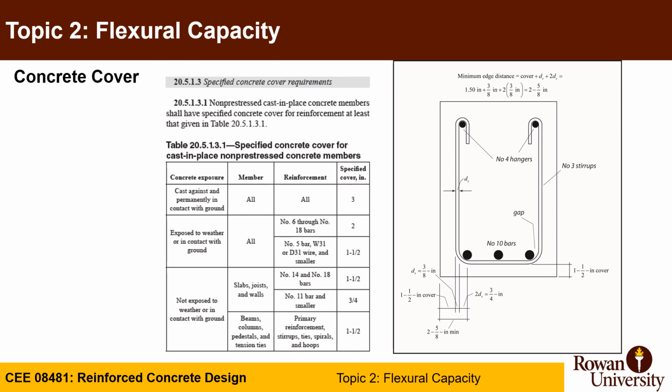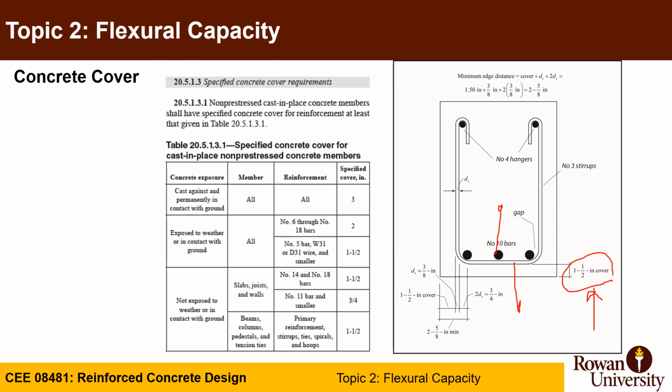So someone will ask how we define the concrete cover, because we know how to get the size of the stirrups, and maybe we start guessing the rebar size we need to use. However, how do we get the cover of the concrete?